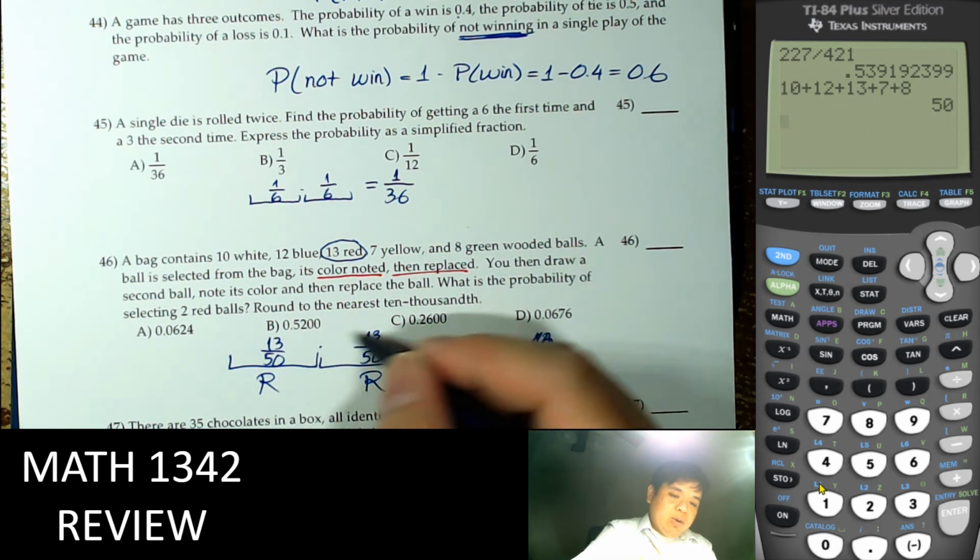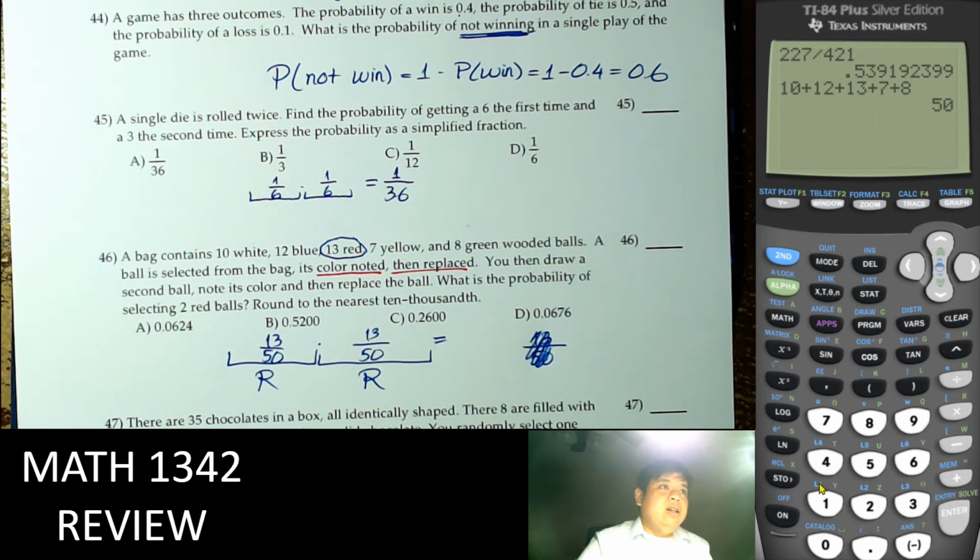But when we replace it, we have 13 over 50 times 13 over 50.